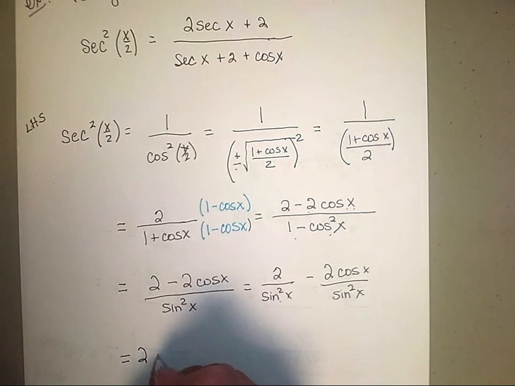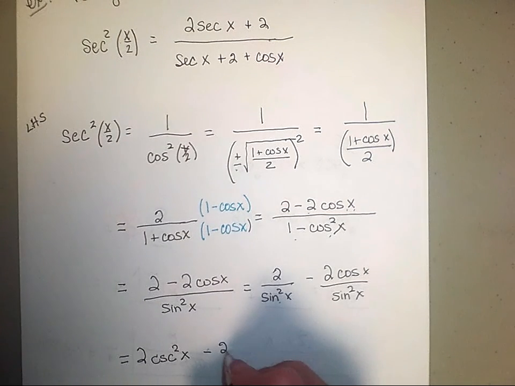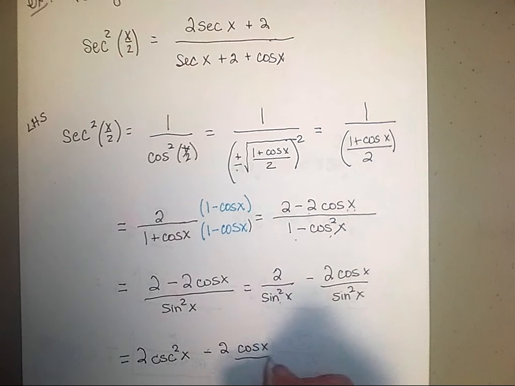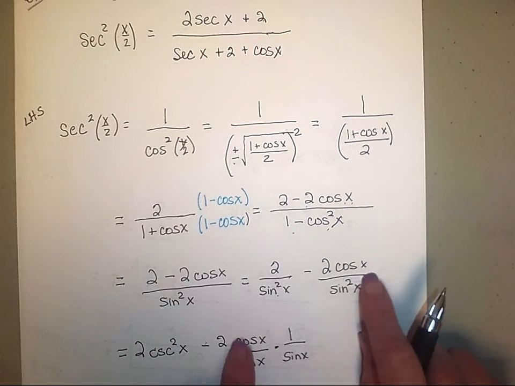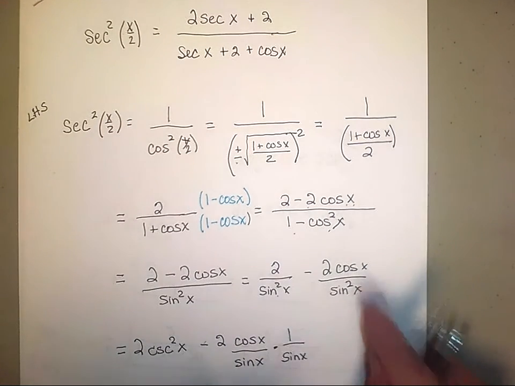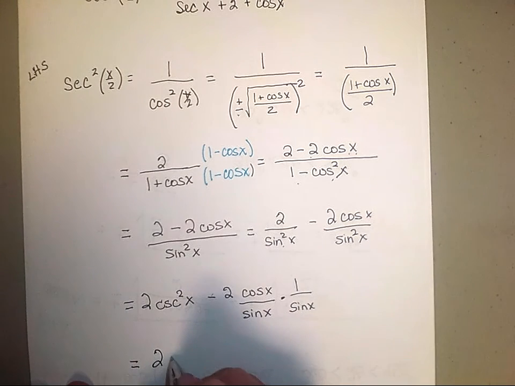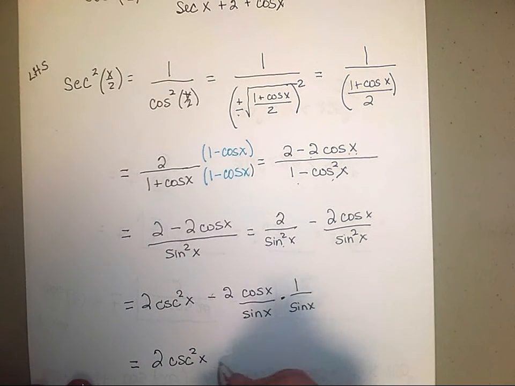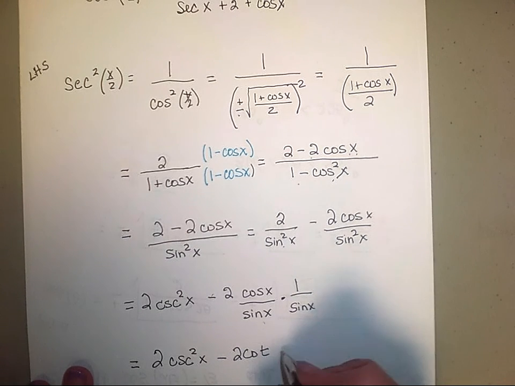And now this is 2 times the cosecant squared of x minus 2 times, we could write this as the cosine of x over the sine of x times 1 over the sine of x. Because if I multiply these back together, I'll get sine squared on the bottom and cosine on top. So this is equal to 2 cosecant squared of x minus 2. Now this is a cotangent, and this is a cosecant.